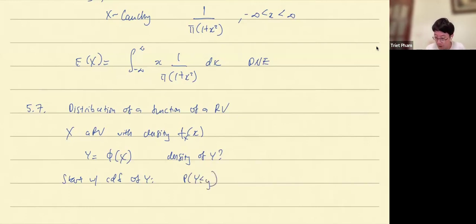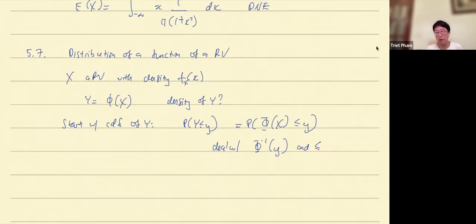And then you apply the definition of Y, which is phi of X. And here I stop, because to do the next move I will have to deal with the inverse and how it interacts with the less than or equal to. We can't say much until we see a specific case.